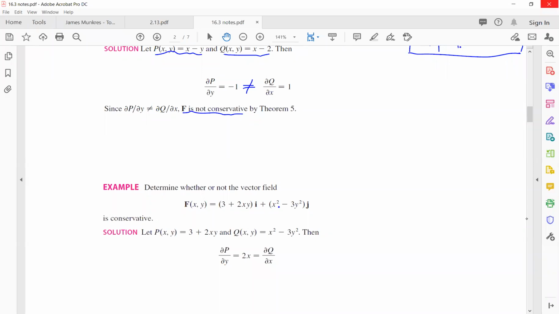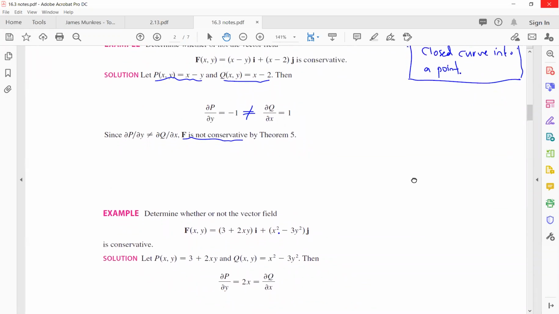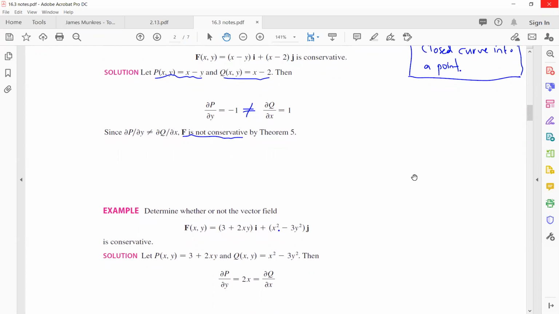The derivative of 3 is 0. You already know that. Partial derivative of Q with respect to x: the second term has no x in it, so it's just 0. And the partial derivative of x squared with respect to x is equal to 2x. Okay? So by using our theorem, we know that this is a conservative function.